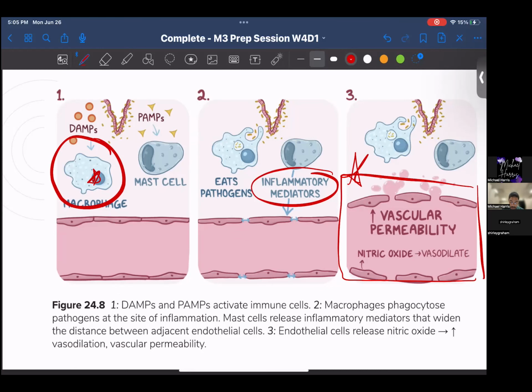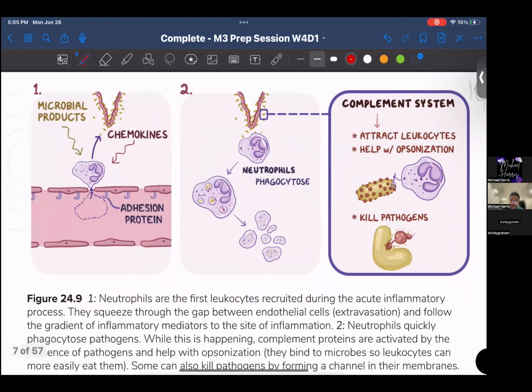Now, in particular, you do have to know more details about it. Like, what does each one of these factors do to cause increased vascular permeability, allowing complement to come into the tissue, allowing neutrophils to come into the tissue, and essentially break down the dead tissue as well as these pathogens coming in that you don't want either.